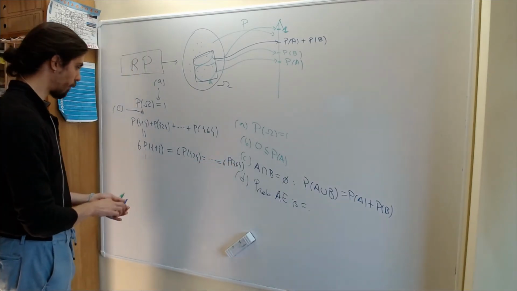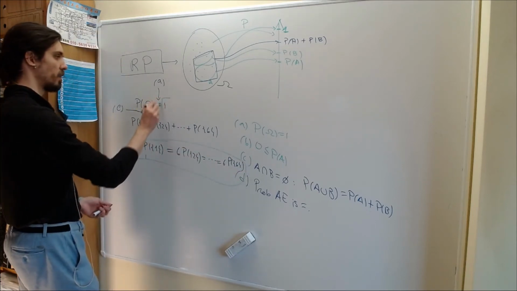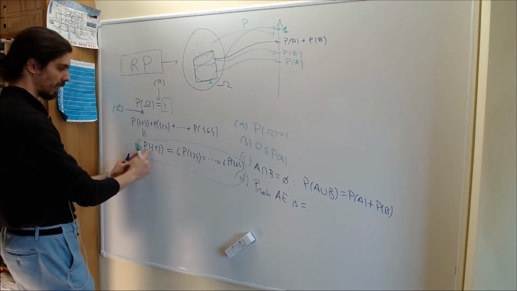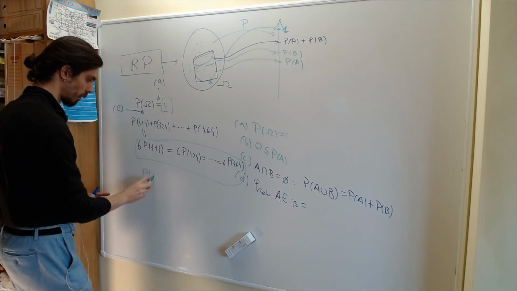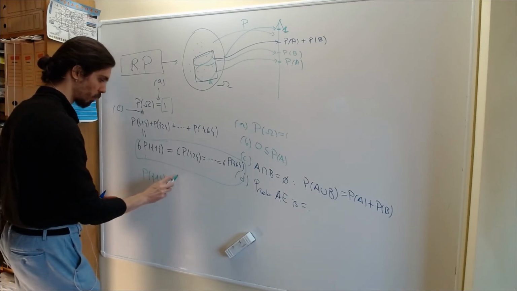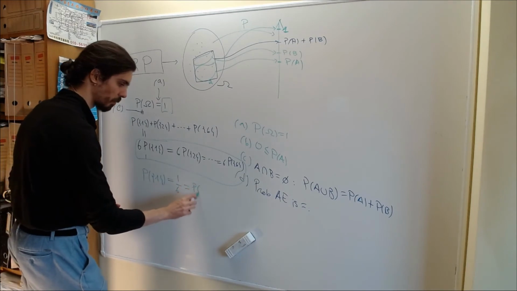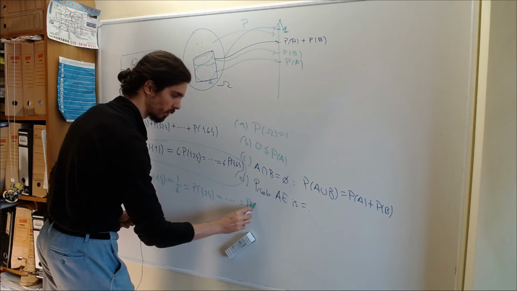But now look at what we have. Compare this with this. We conclude that 6 times the probability of 1 is the same as 1, thus the probability of 1 must be 1/6, which is the same as the probability of 2, which is the same as the probability of 6.